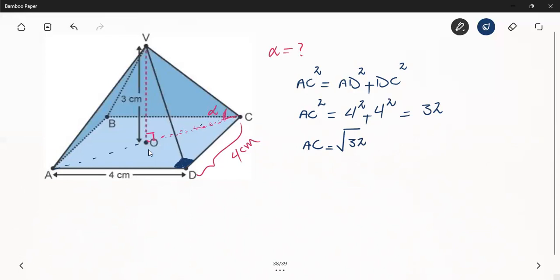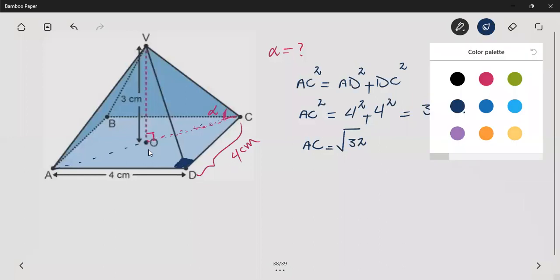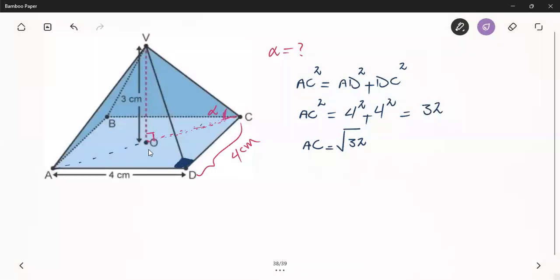However, guys, if you look into that, because our concern is this triangle, the triangle located at, let's say, call it V, O, C. That's a triangle. As a result, we are not looking for the whole length of AC. We are looking for OC.